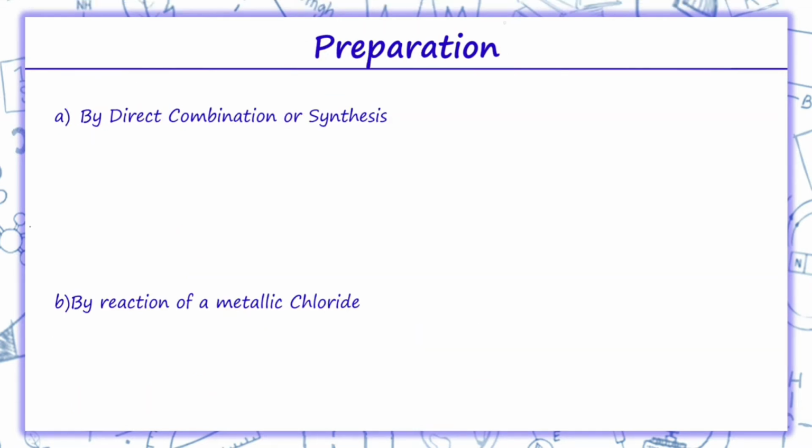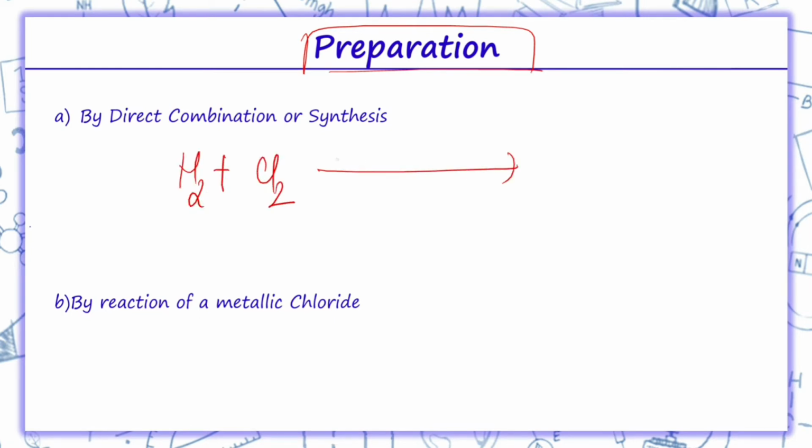How is this HCl gas prepared? HCl gas is prepared by direct combination or synthesis, that is, moist hydrogen gas combines with chlorine in the presence of diffused sunlight, and thus we get HCl gas. This reaction is highly explosive in direct sunlight and negligible in the dark.